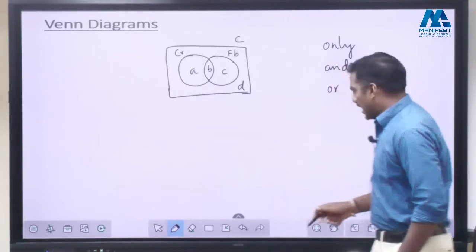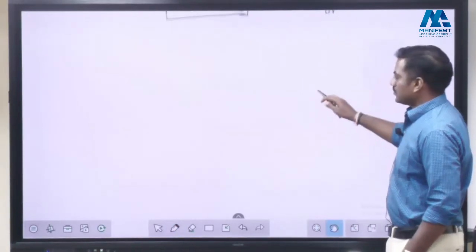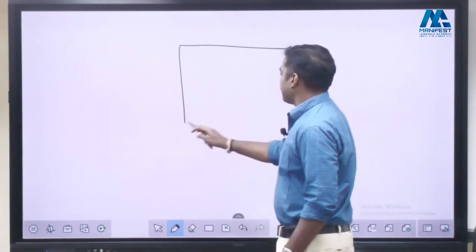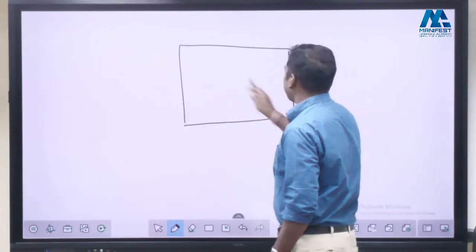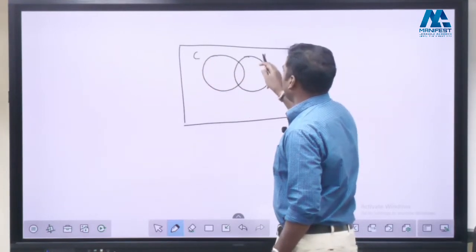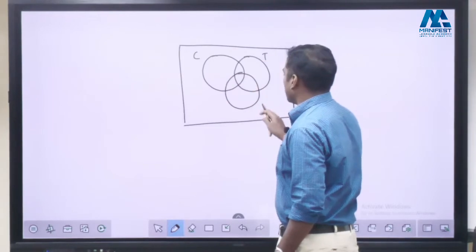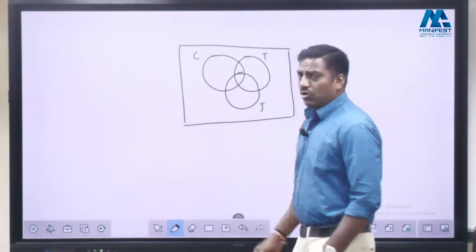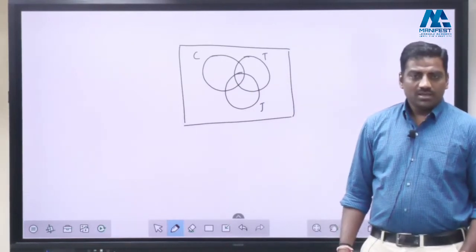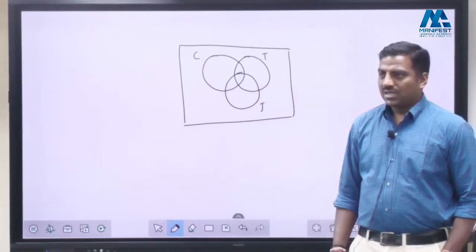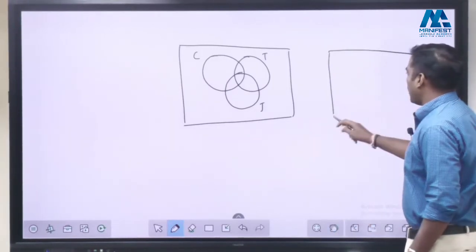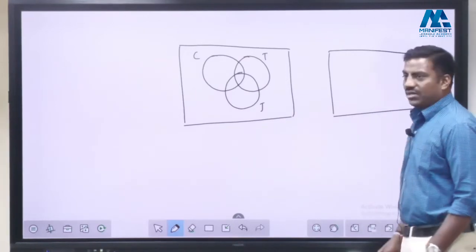Okay, now we'll go to the higher version of this. Simple: coffee lovers, tea lovers, and juice lovers. And they will not give one more entity, okay? Fine? 3 entities maximum. Otherwise, your life will become hell. Now tell me, how many sectors will come when 4 entities are given?